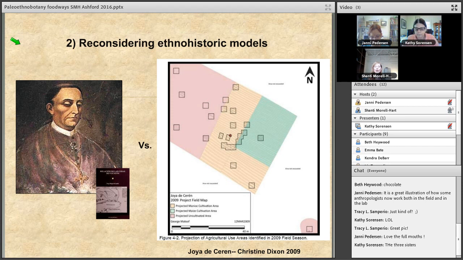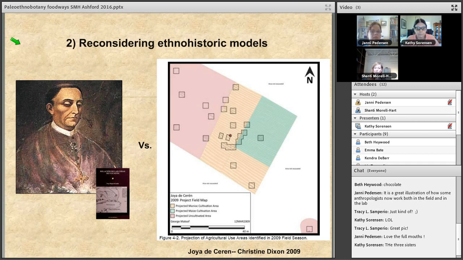But what was found at the site of Joya de Cerén, a site in central El Salvador that was covered by volcanic ash and preserved really well, was that there was a lot of manioc cultivation going on. So on the one hand, we've got this ethnohistoric model that comes from about 1566. And on the other hand, we've got some modern archaeological work at a site that has impeccable preservation, just really well-sealed contexts.